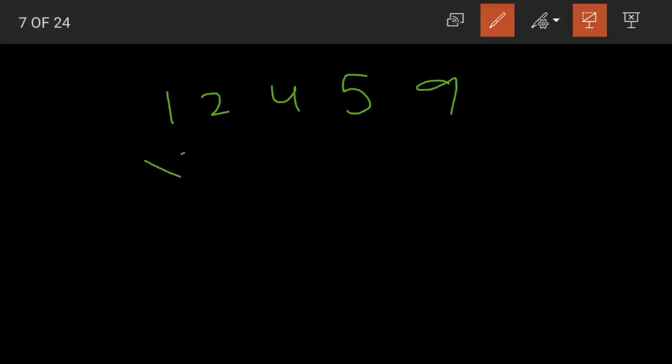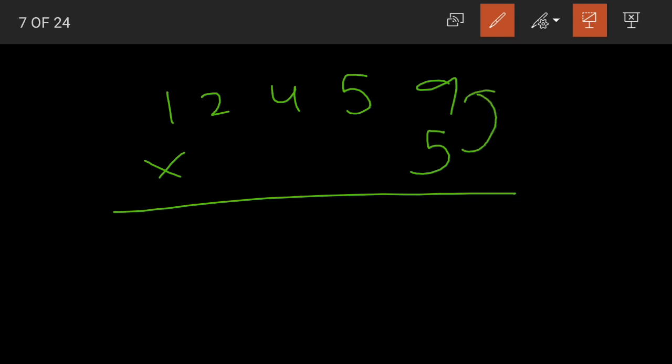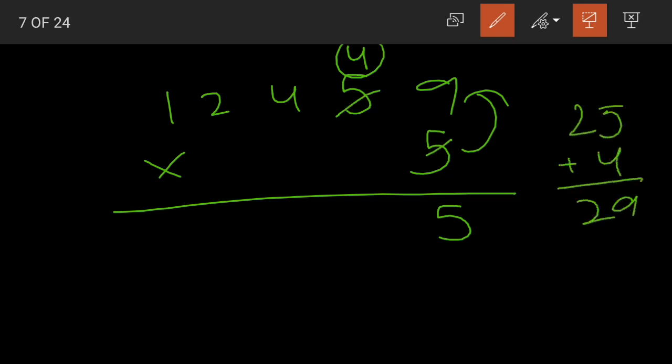12,459 into 5. Yes children, this is a very simple multiplication here. Just how we multiply a 1-digit number with a 4-digit number, the same rule is to be applied. Starting from the ones place, 5 nines are 45, 5 here 4 carried, 5 fives are 25, plus 4 becomes 29.